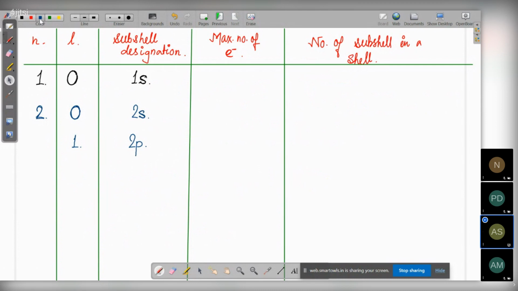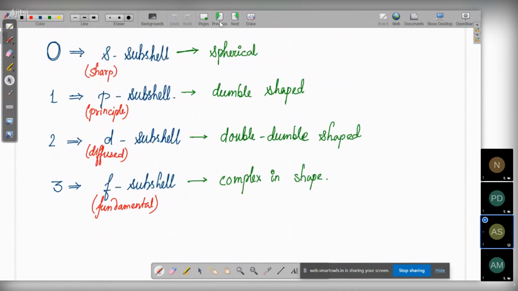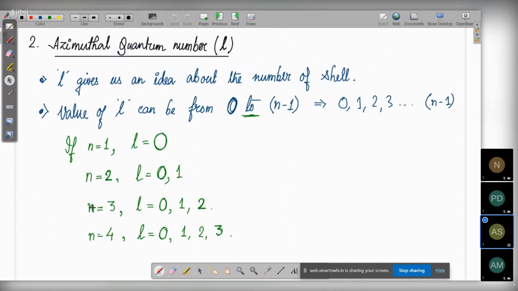Then if the principal quantum number is 3, what are the possible values of l? The possible values of l can be 0, 1 and 2.